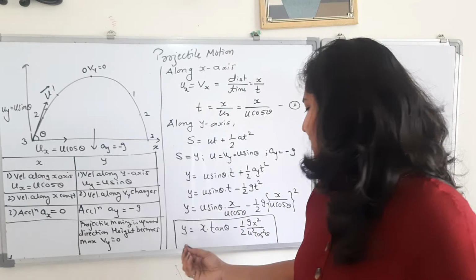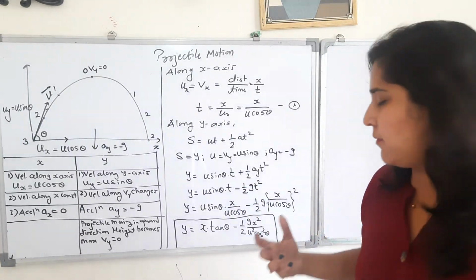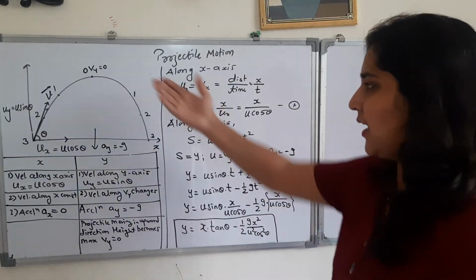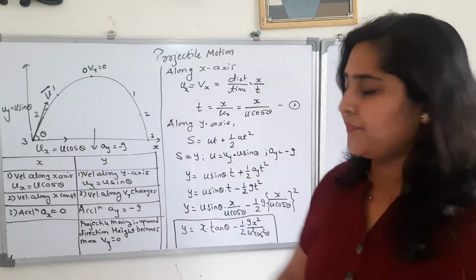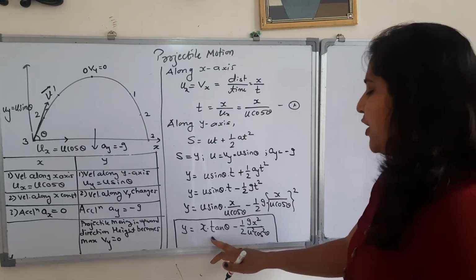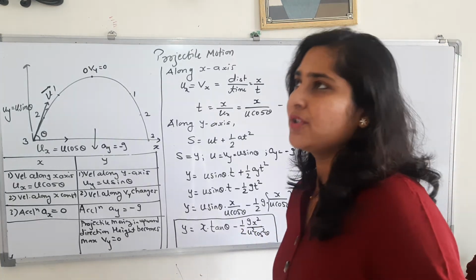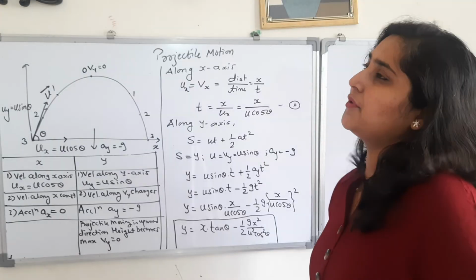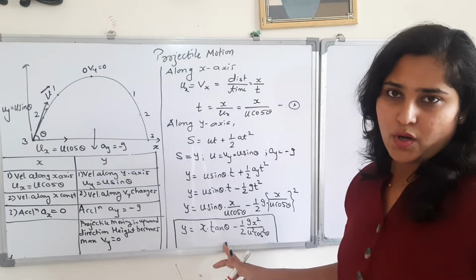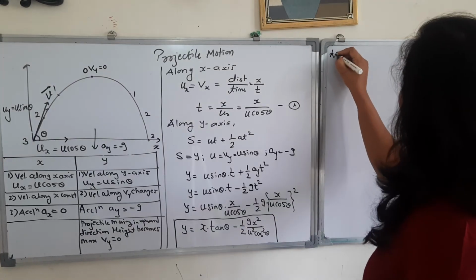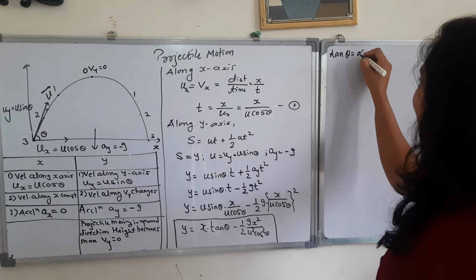We will substitute the constants and relate the equation to the equation of a shape, and check which shape it is. I am substituting tan theta as alpha. In some books you will see a as a constant, in some alpha, but we will go by the textbook, tan theta equals alpha.